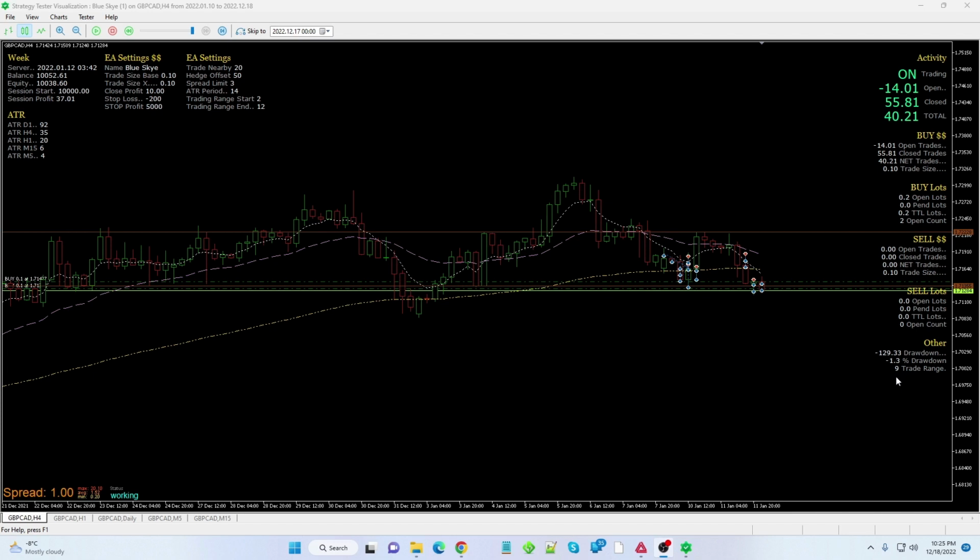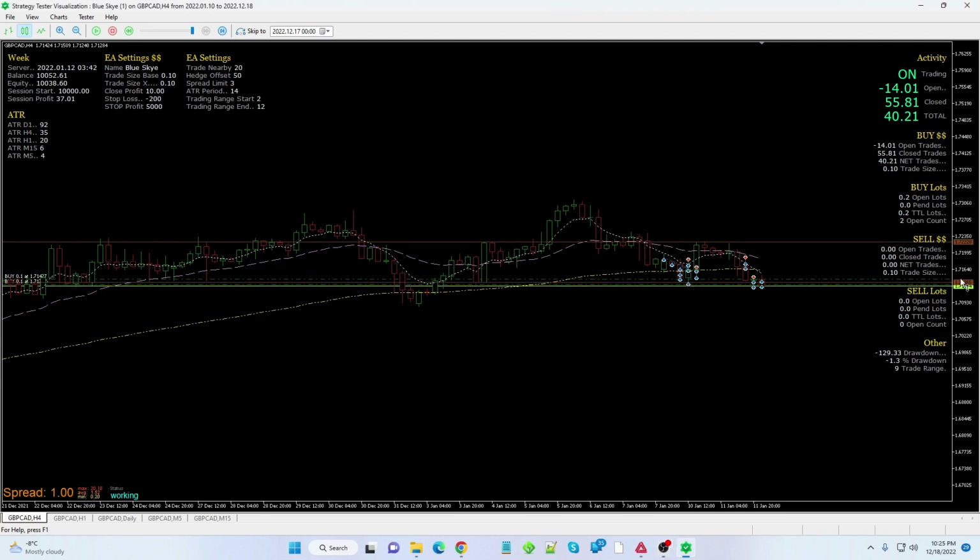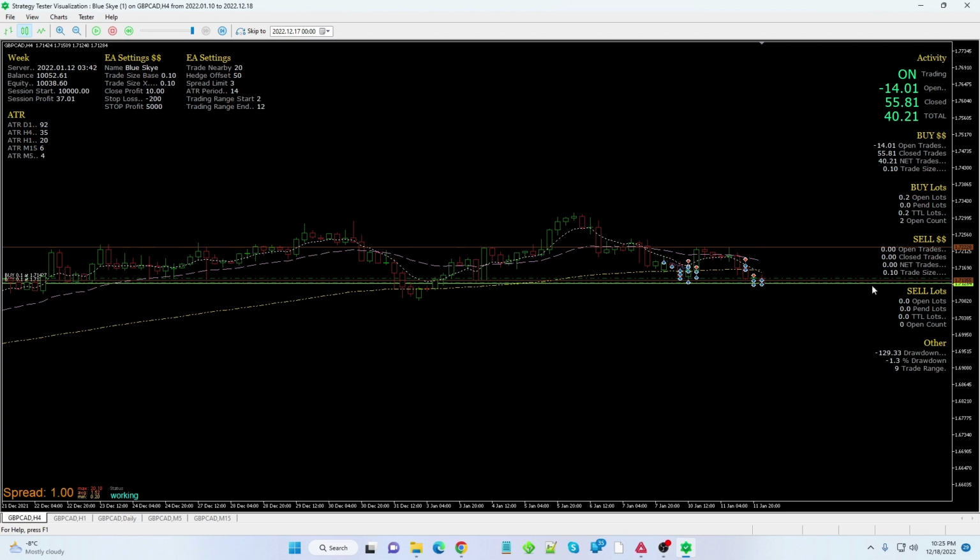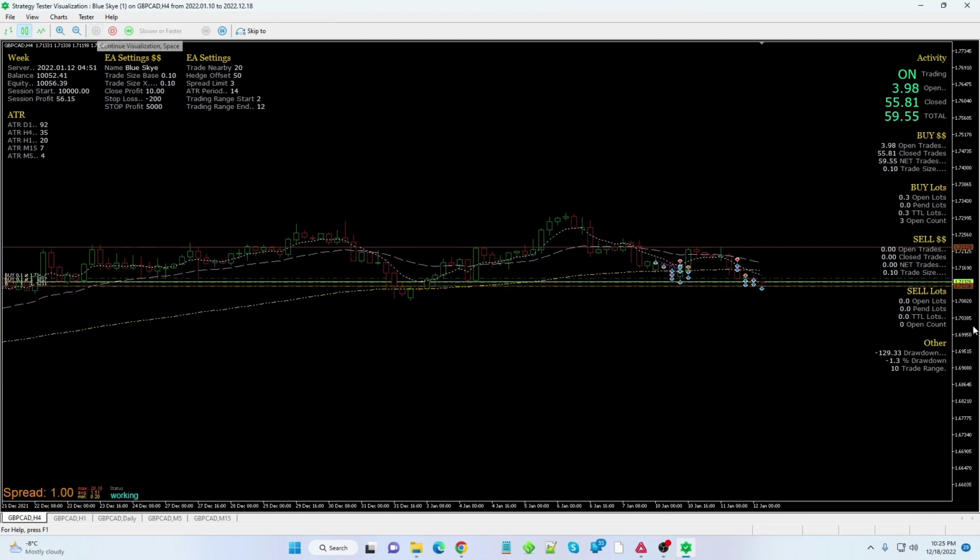And now this number here, 9, this is the distance between these 2 brown lines. So really that's kind of giving me an indication that that's actually a pretty tight range right here in the last couple of days. It has not been huge. Now, let's keep running here and see what happens.